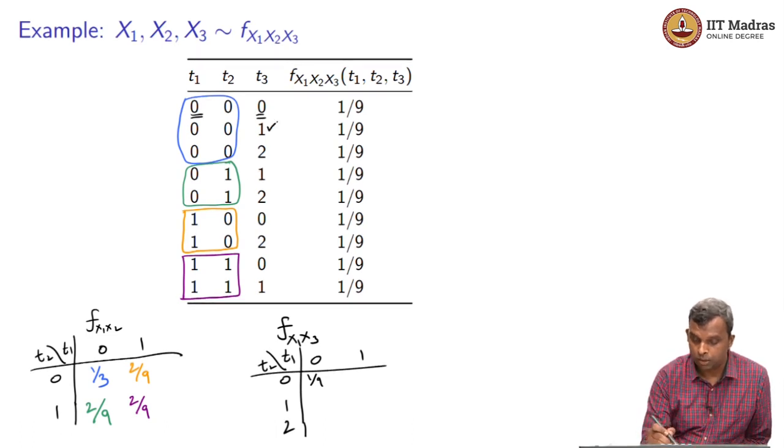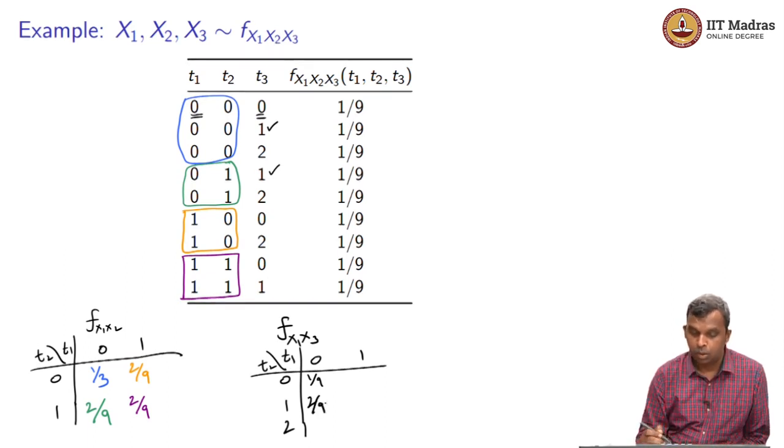Okay, so you got 0 1 here, 0 1 here, that's it, 2 possibilities, and that's 2 by 9. Okay, what about 0 2? 0 2 is out here, so 0 2 is again 2 by 9.